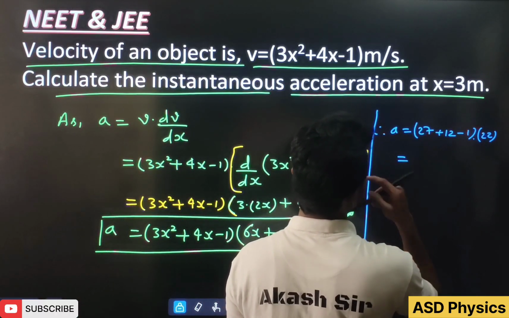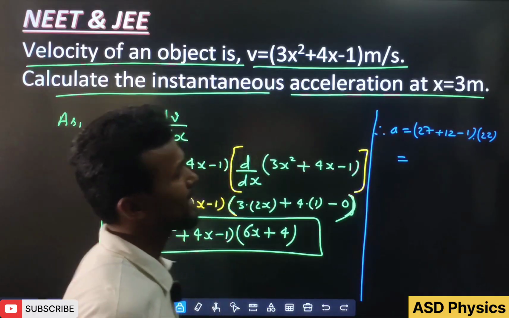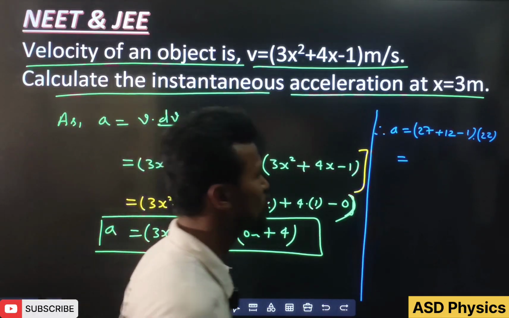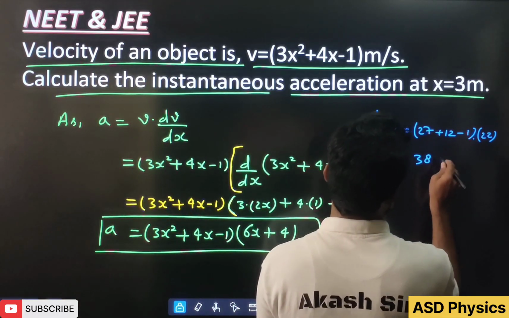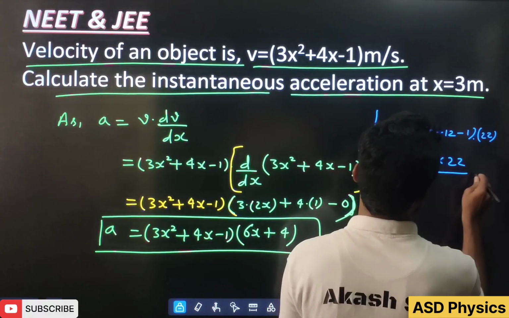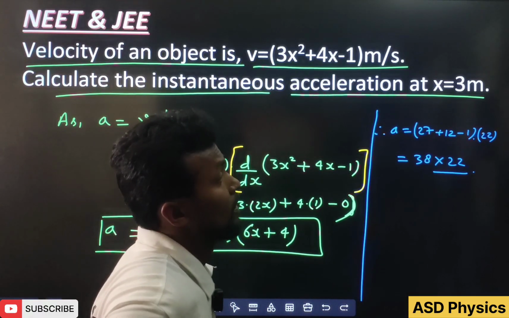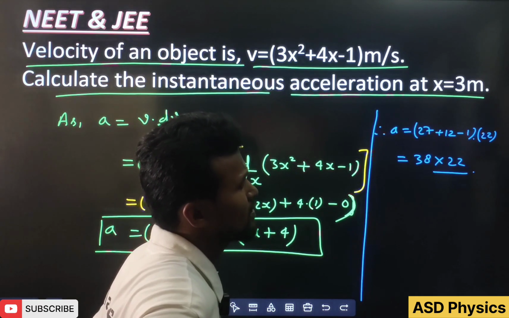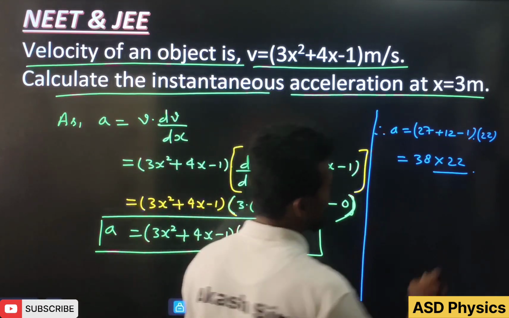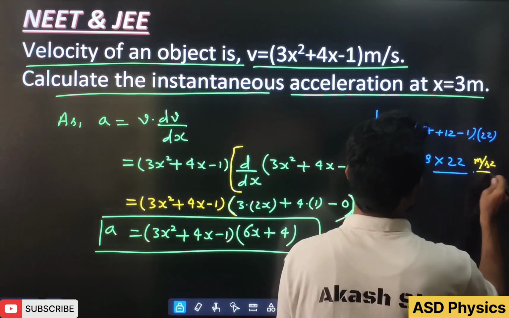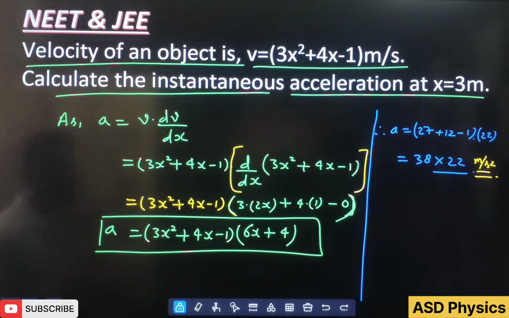So 27 minus 1, 26, 26 plus 12 means 38, 38 into 22. Kindly check the calculations. Now just multiply, and it will come in meter per second square. Students, kindly see very well how we have done this.